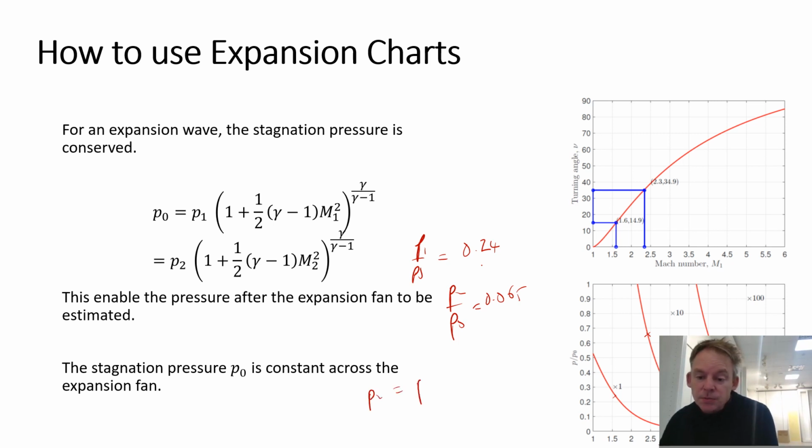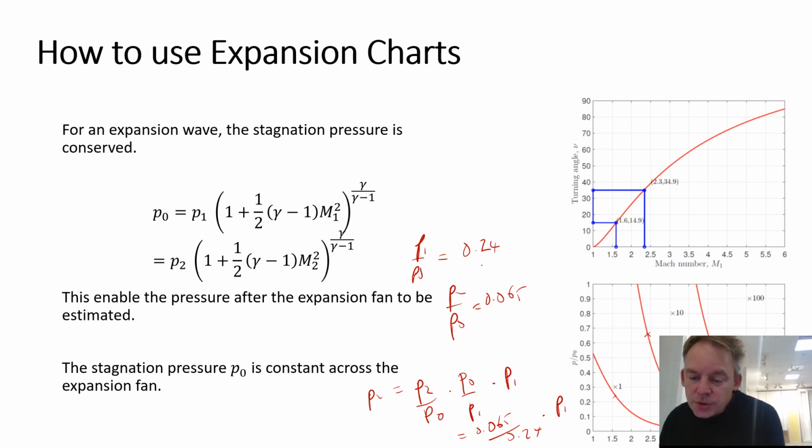So P2 is actually P2 over P naught times P naught over P1 times P1. So we know P2 over P naught, 0.065. We know P naught over P1, that's 0.24, and we know P1.